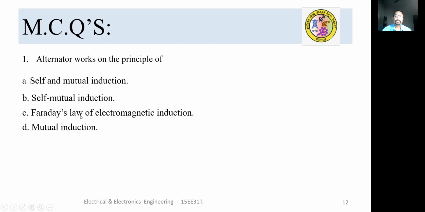It works on Faraday's laws of electromagnetic induction, that is dynamically induced EMF. Instead of Faraday's laws, if the choice is given as dynamically induced EMF, then the answer is dynamically induced EMF. So what's the answer? Answer C, Faraday's laws of electromagnetic induction. That is the right answer.